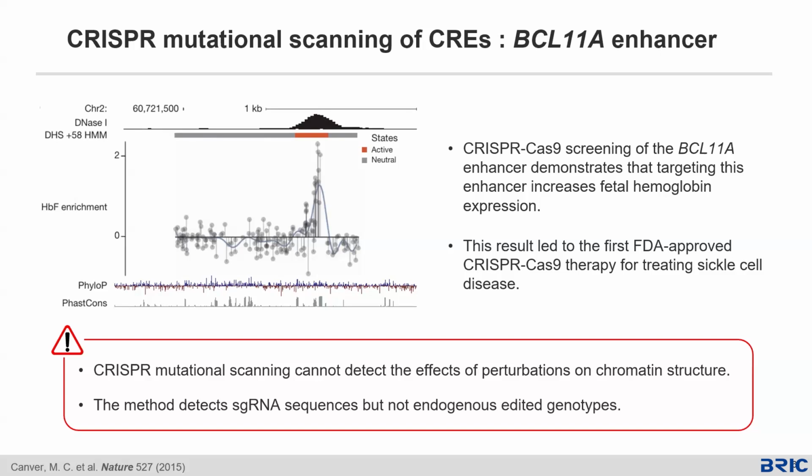In addition, this approach identifies the guide RNA sequence, but not the endogenous edited genotypes. Since each guide RNA can generate different editing outcomes, and even low-efficiency guide RNAs may not produce any edits at all, it becomes important to directly read the endogenous genotypes to accurately understand the effects of each perturbation.